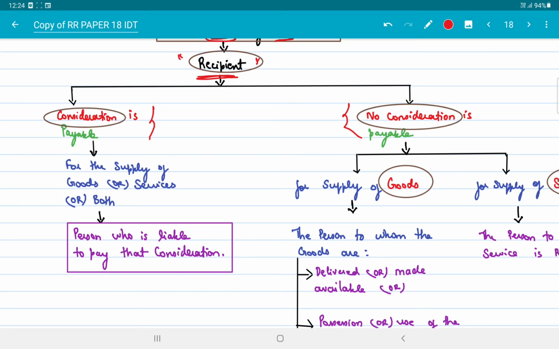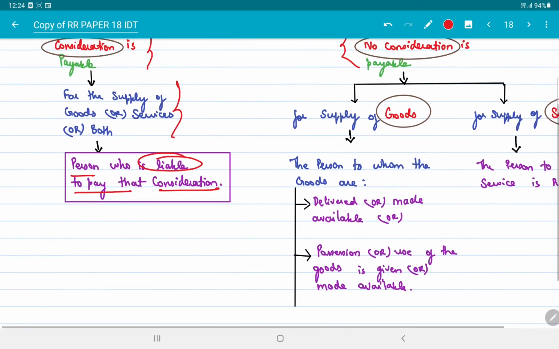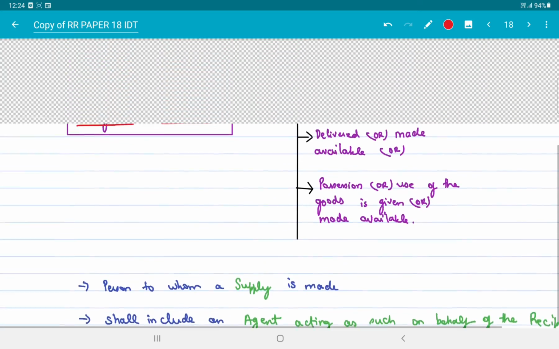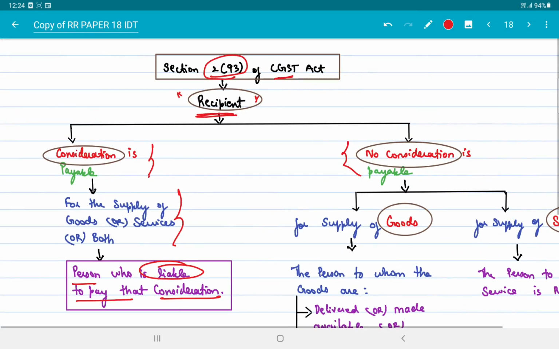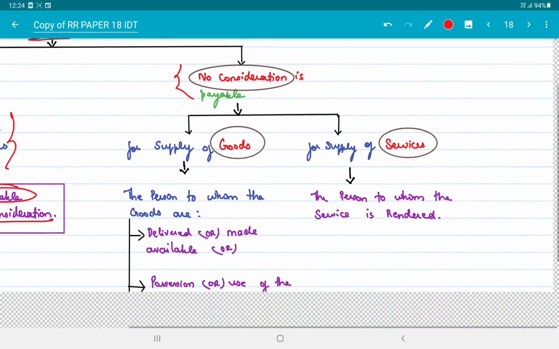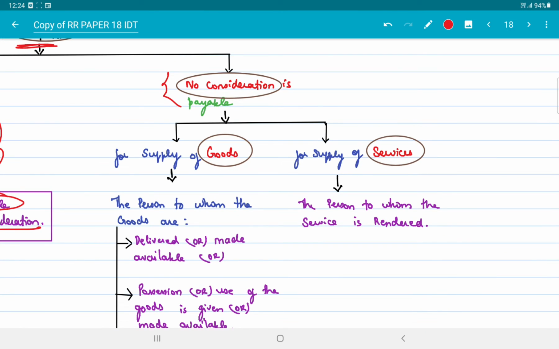Okay, whoever is liable to pay that consideration for that supply of goods or services or both is a recipient.